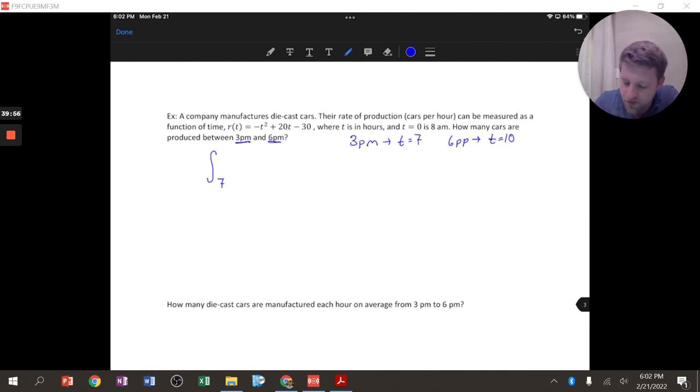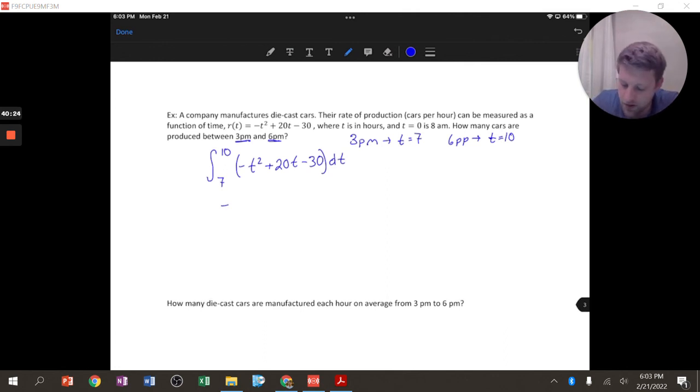So we're going from 7 to 10 for our bounds, and we're using our rate function negative t squared plus 20t minus 30 dt. So let's go ahead and take our antiderivative and then see if we can simplify our result using the fundamental theorem.